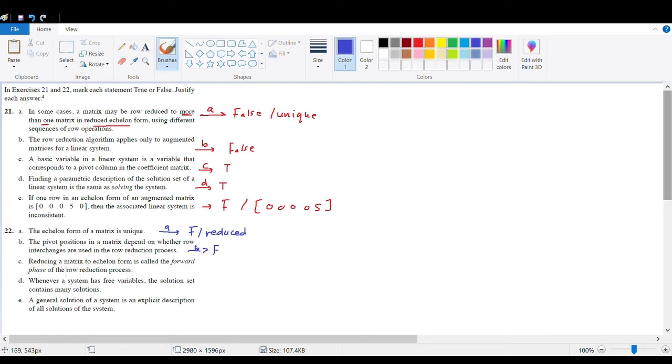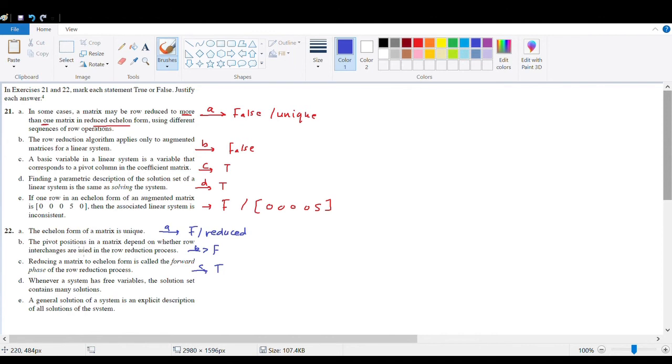Now C, reducing a matrix to echelon form is called the forward phase of the row reduction process. This one also it is clear from the processing, so this one is true. Because in the forward process we need to reduce the matrix into echelon form. If we make it in reduced echelon form, that means it is the backward phase.